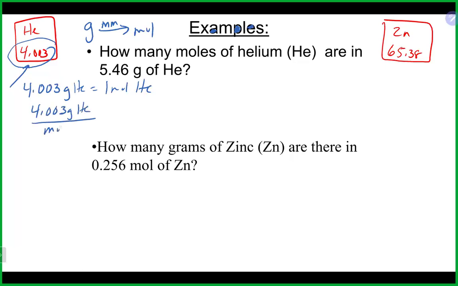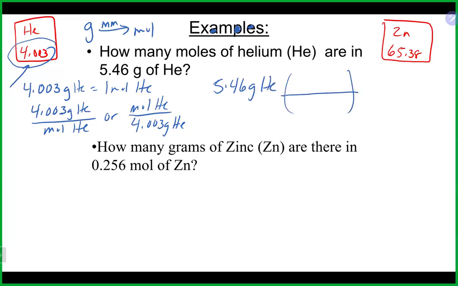That's really what you want to think about when you're doing this: just treat them like conversion problems. Keep it simple. Look at what we did before, where opposites cancel. Here they gave us 5.46 grams of helium. Thinking of it like a regular conversion problem, grams of helium are on top, which means I need the opposite for it to cancel.